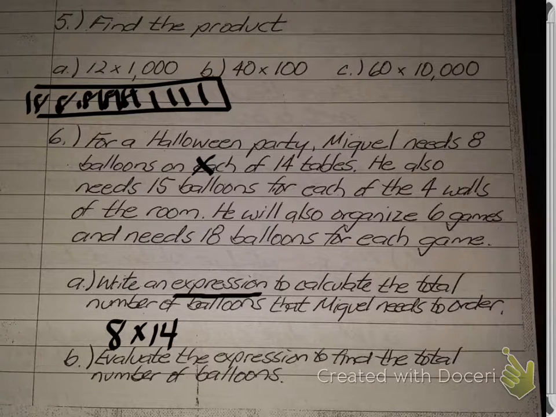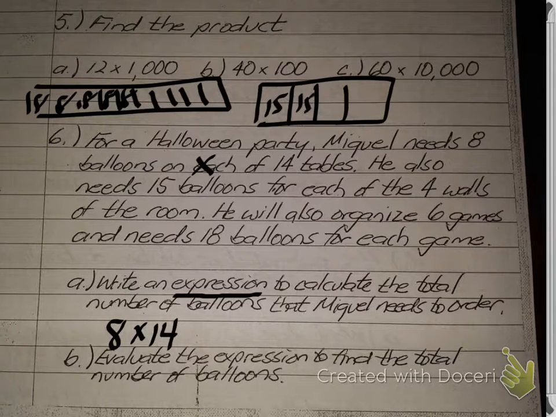Okay. Then he needs 15 balloons for each of the 4 walls. So he has 4 walls, and he needs 15 on each one. So we have 4 15s, or 15 times 4.